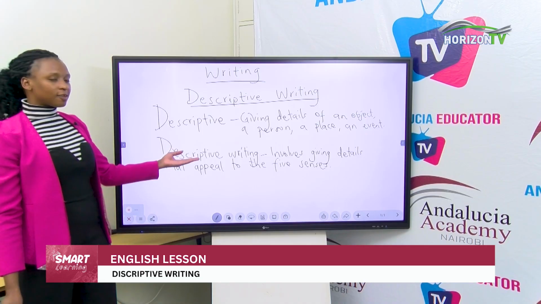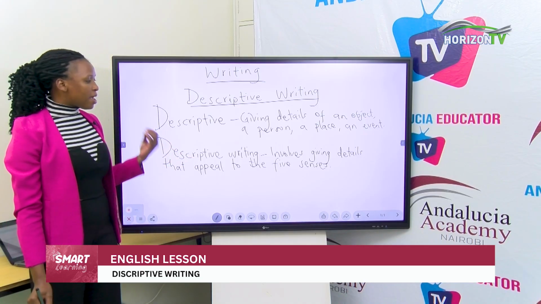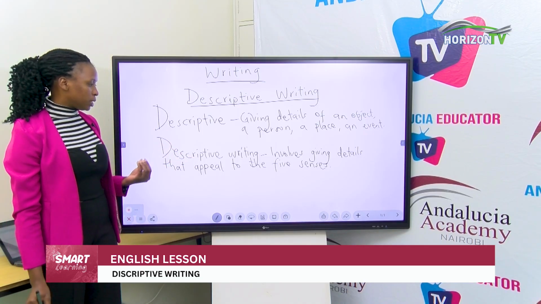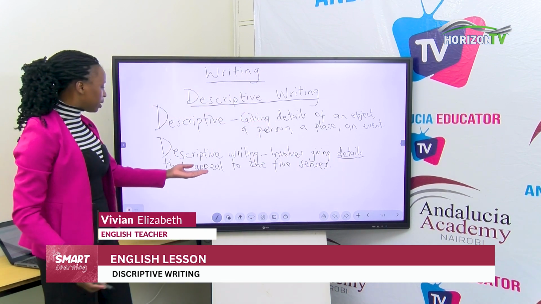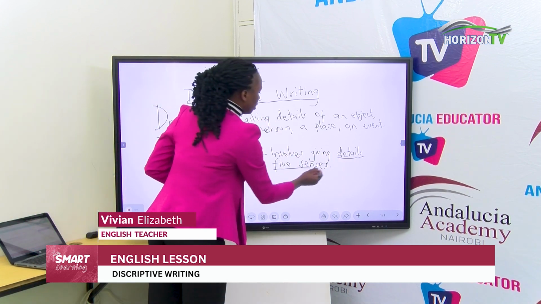So when you're writing descriptively, we have a main objective here. We must give details, and these details must be appealing to the 5 senses.